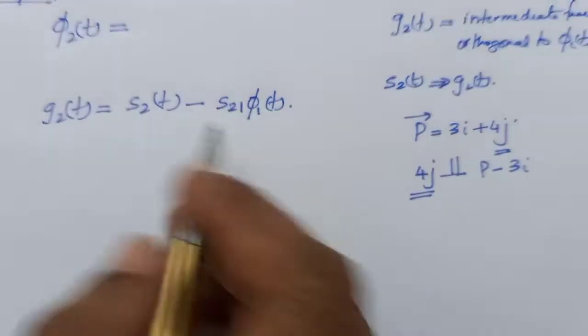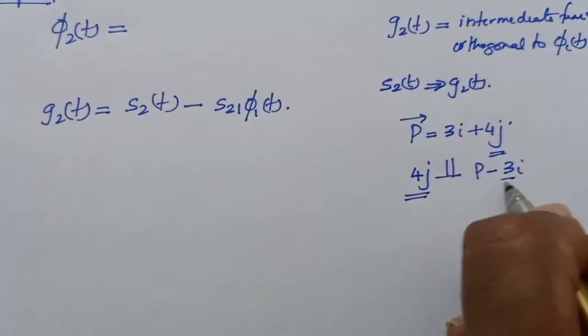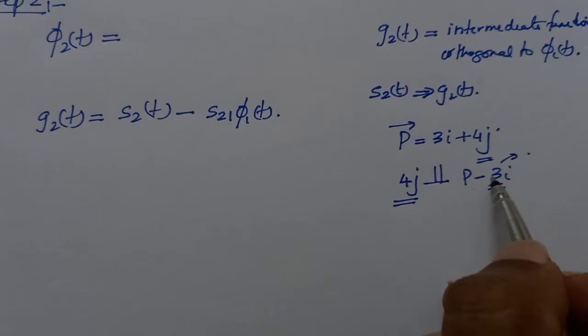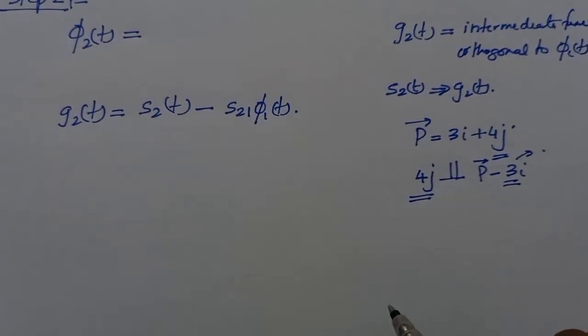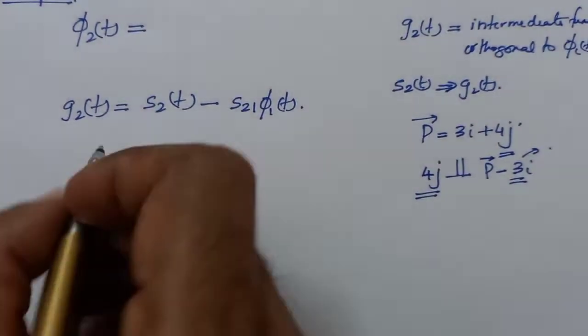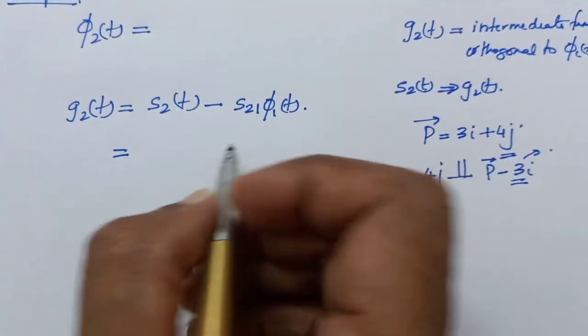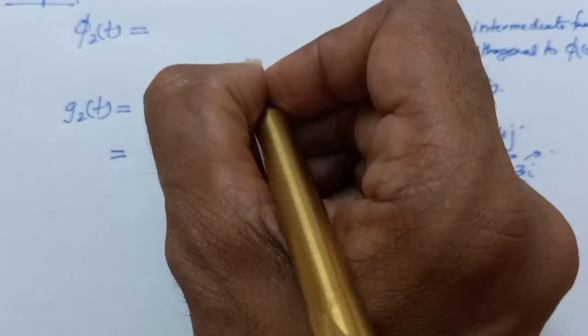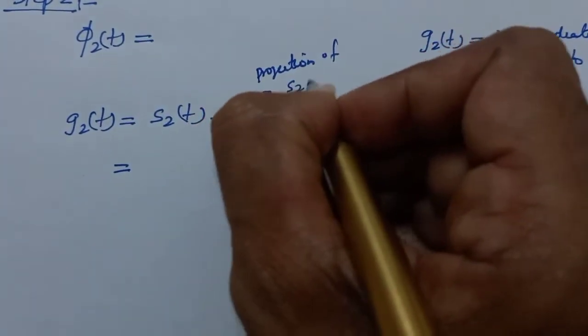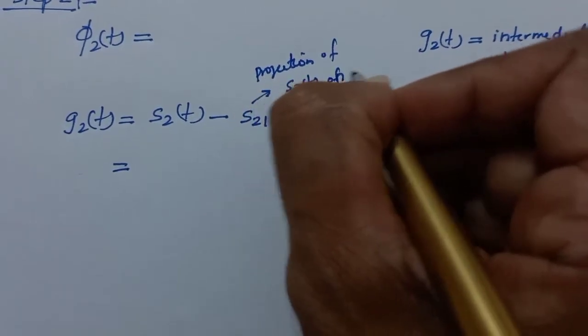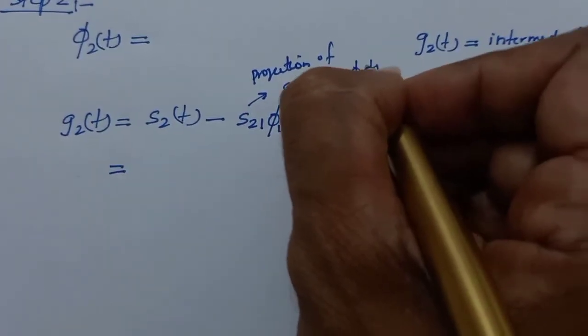Here, what is 3? 3 is the projection of the vector P on the first axis. Similarly, in this case, S21 is the projection of S2(t) on phi1(t).